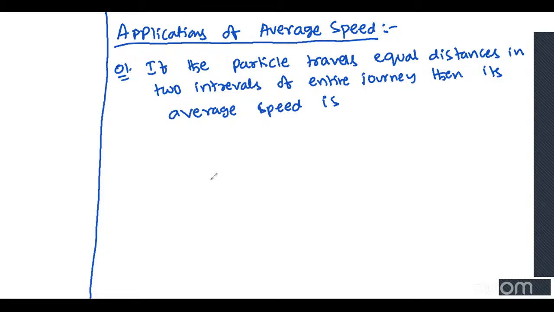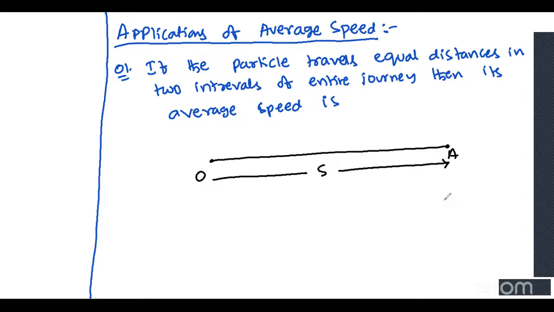Let us consider a particle starts from O and reaches A. This is the total distance traveled, S. Suppose O to B is S by 2 and B to A is S by 2.